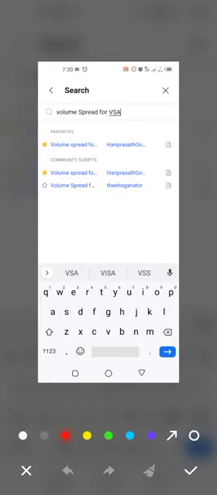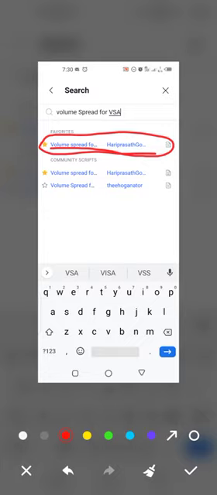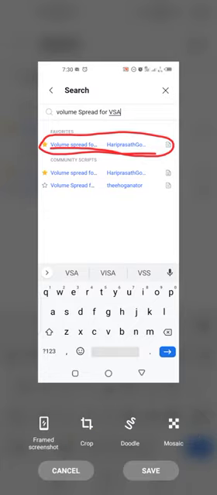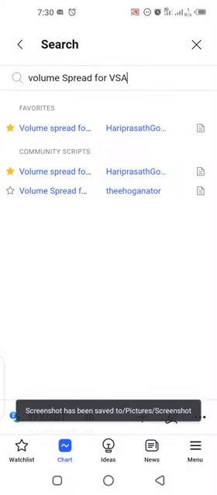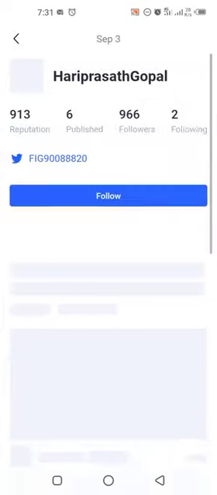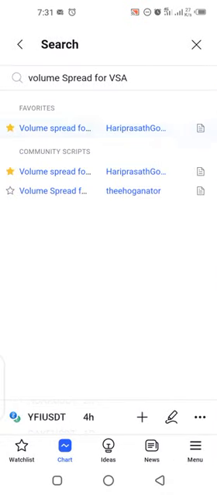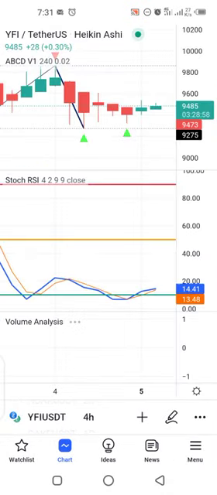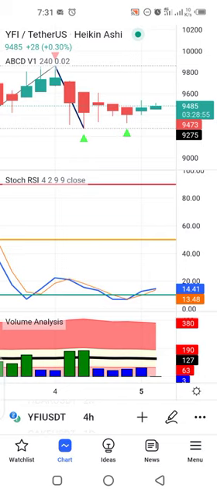There will be 2. Once you type in the word volume spread for VSA, then you pick this indicator basically. Okay, now once you pick it, you tap on the star first, then you tap on the indicator once. When you over tap on it, the indicator appears more times in your screen. There we go. This is our volume analysis indicator.